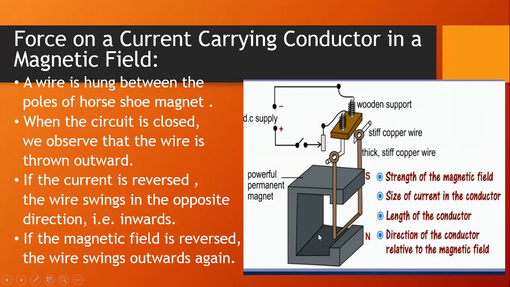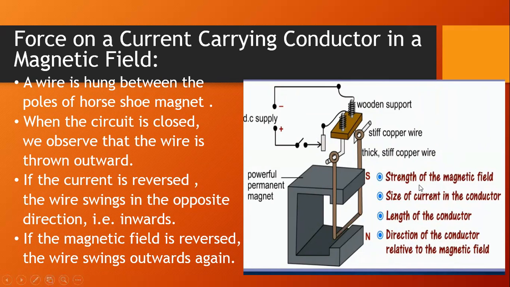Okay, the magnetic field from north to south, and the current is from positive to negative, from this side to this side. Current is going in this direction and then comes back to negative. All right, so the direction of current is this and the direction of the magnetic field is upward. All right, so what would happen?